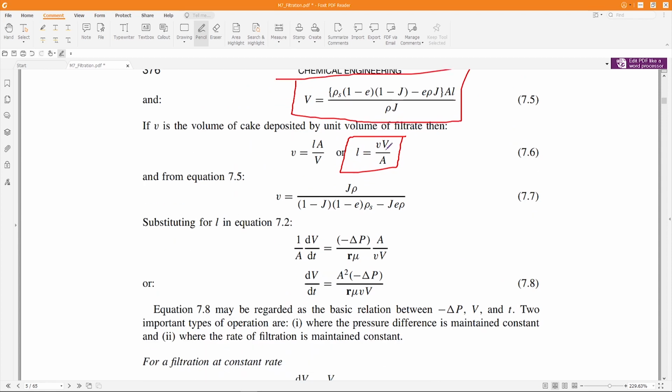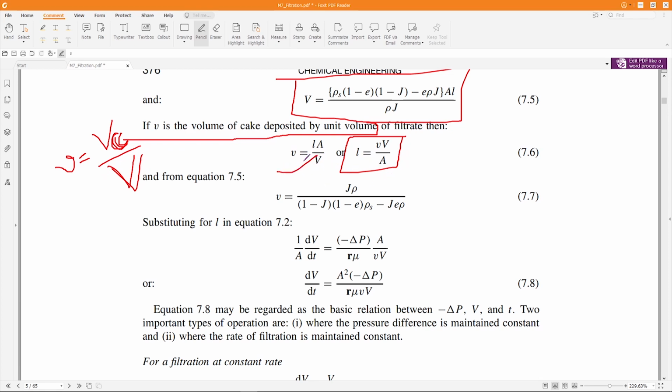The thickness of the cake is nothing but v V by A. What is this small v? This is nothing but the volume of cake deposited per unit volume of the filtrate, that is, the volume of the cake Vc by V, where V is the volume of the filtrate.